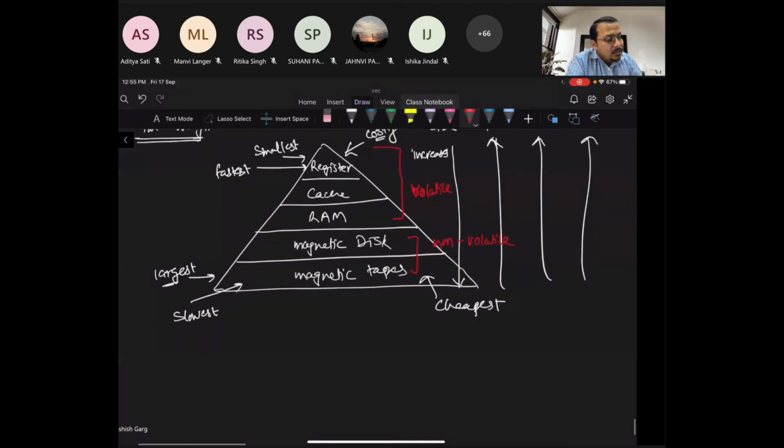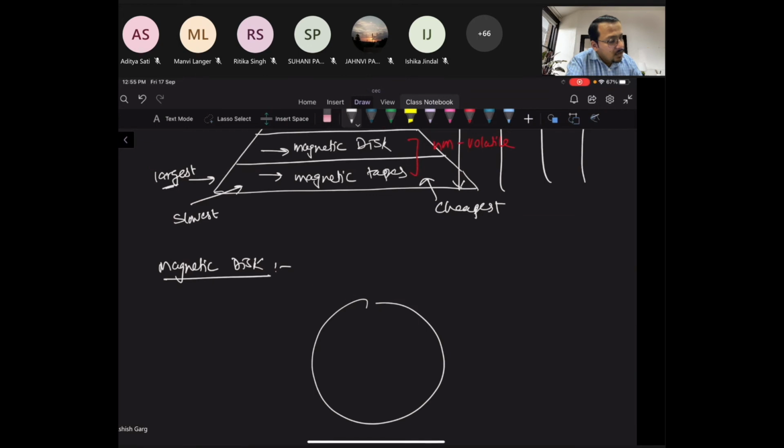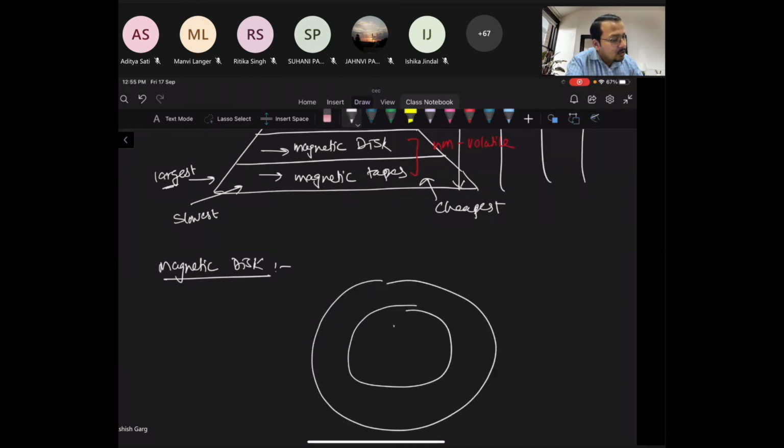And now let's talk about this magnetic disk and magnetic tape briefly. So a magnetic disk has a structure like this. So this is a magnetic disc, like a compact disc.